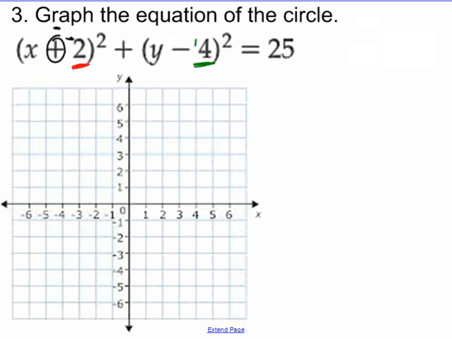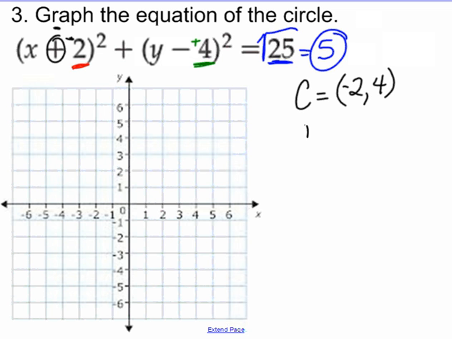This 4 is a +4. And for this 25, we have to take the square root to get 5 for the radius. That's the radius. So our ordered pair for our center is (-2, 4), and our radius is 5.